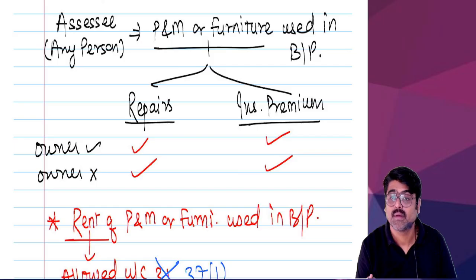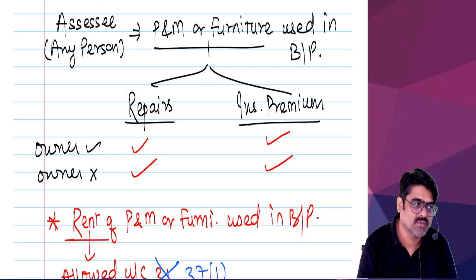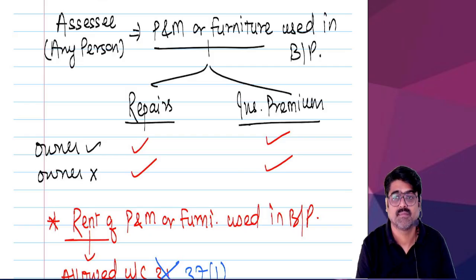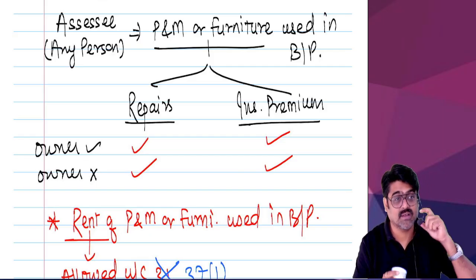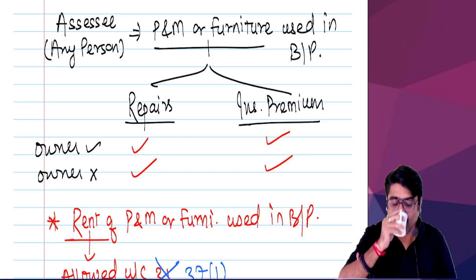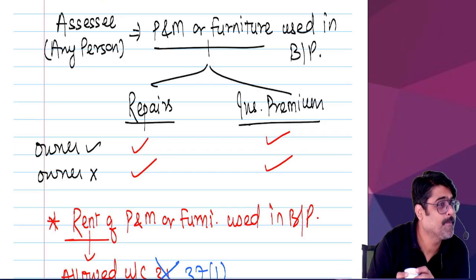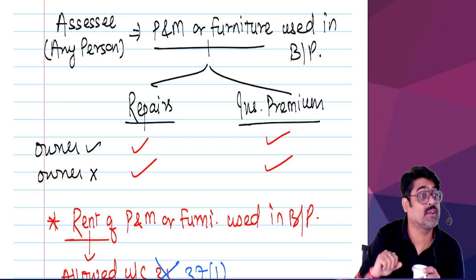The repairs and insurance premium will be allowed under section 31. But other expenses like this rent, will it be allowed under section 31? So you can claim it under section 30, no? Section 30 was allowing the deduction for rent.